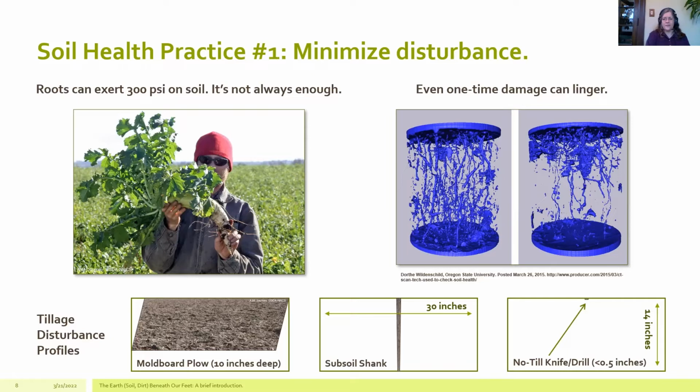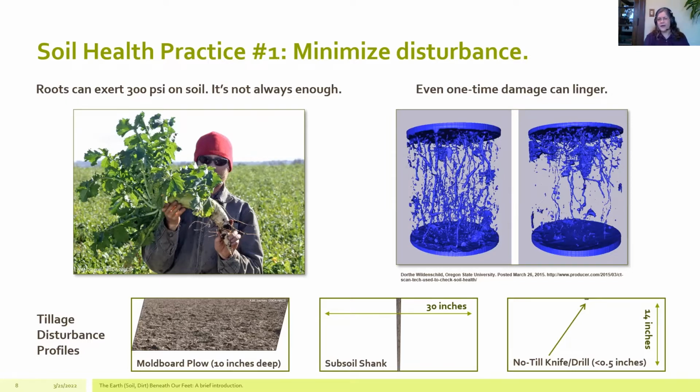So 30 inches across, and then I had them go to the depth of the subsoil shank, which would be 14 inches deep. So you can see how much less soil, if you're trying really hard and you need to plant something, you can disturb if you use the no-till drill and the knife.